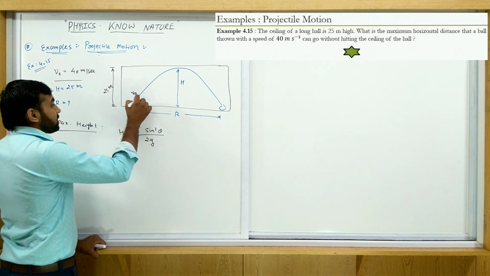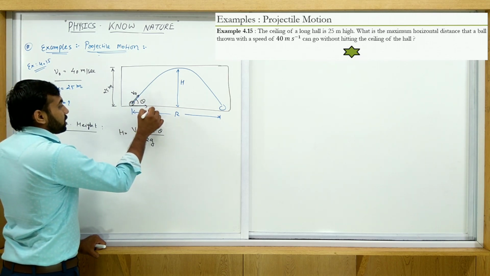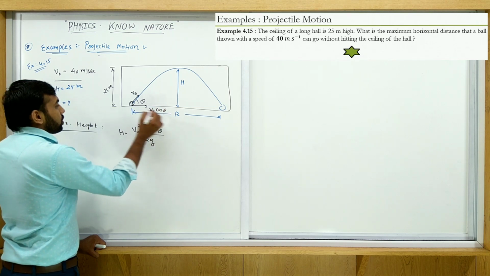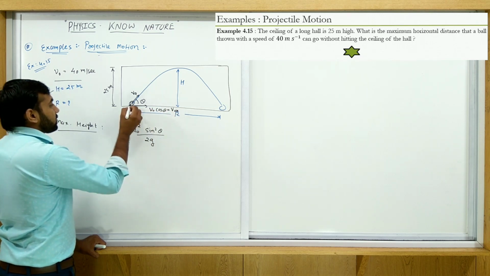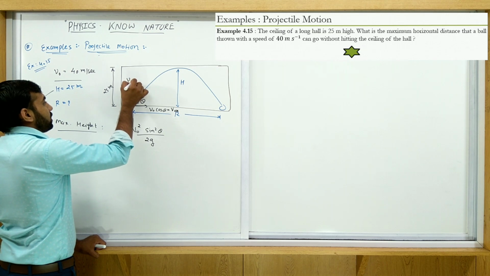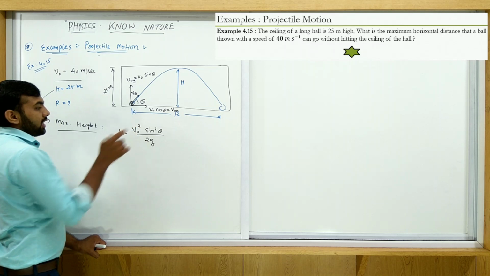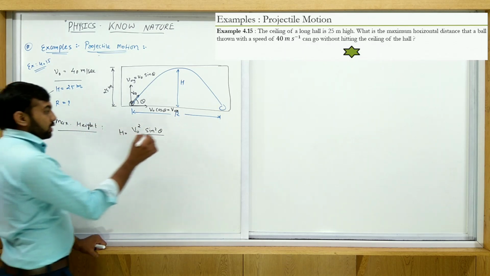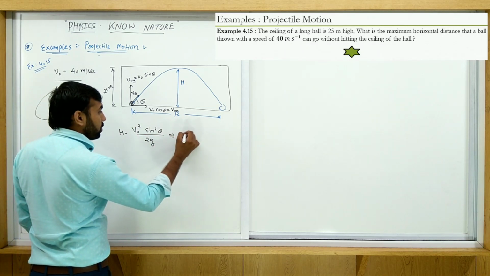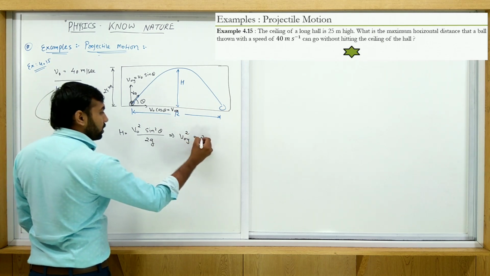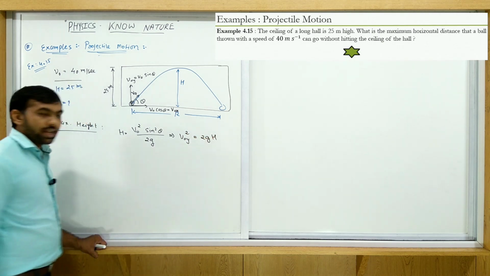Consider this angle as theta. So v0 cos theta is v0x, and v0y is equal to v0 sine theta. So v0 sine theta is v0y, squared. So the answer is v0y squared equals 2gH.